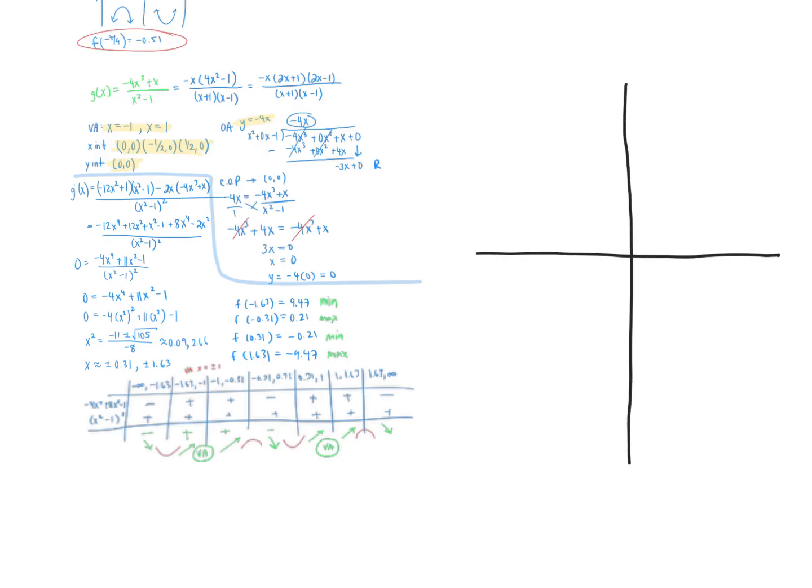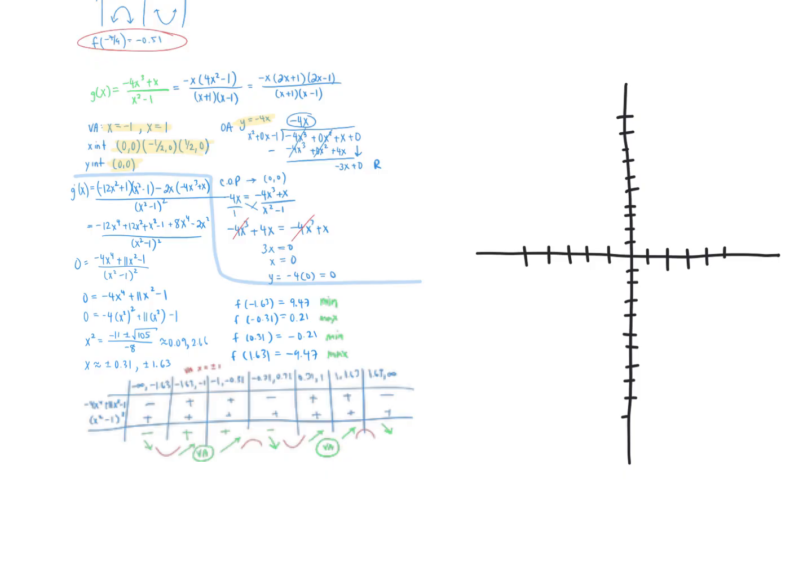For the x's, we're not getting too far, so I'm just going to go to 5. For the y's, I'm going to go to 10, and I'm just going to label 1, 2, 3, 4, 5, 6, 7, 8, 9, 10. Okay, there we go.